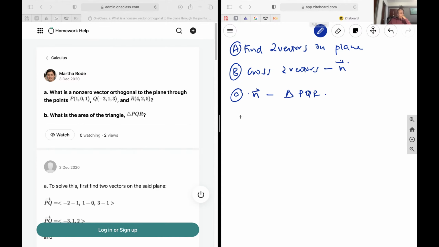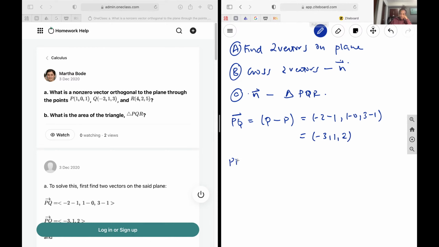Okay, so for my two vectors, I will choose PQ, and that is going to be point Q minus point P. So -2 minus 1, 1 minus 0, 3 minus 1. And this is going to give me -3, 1, 2.